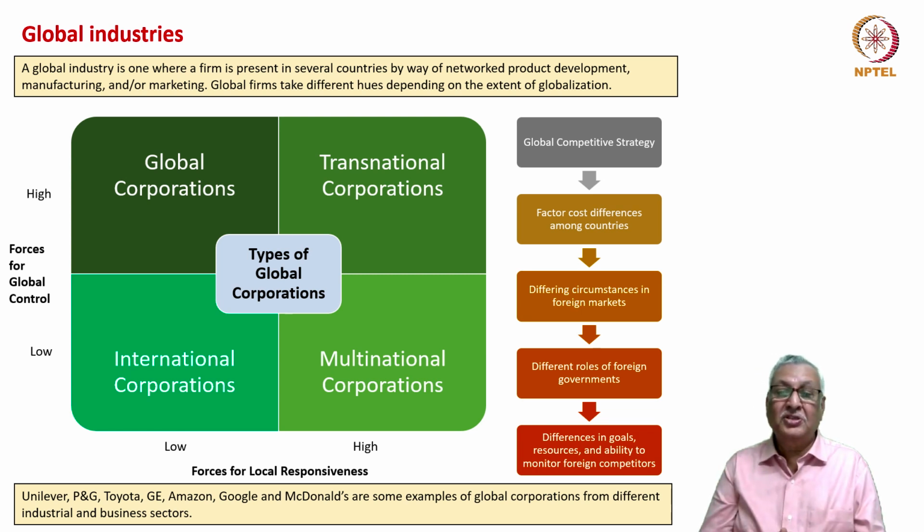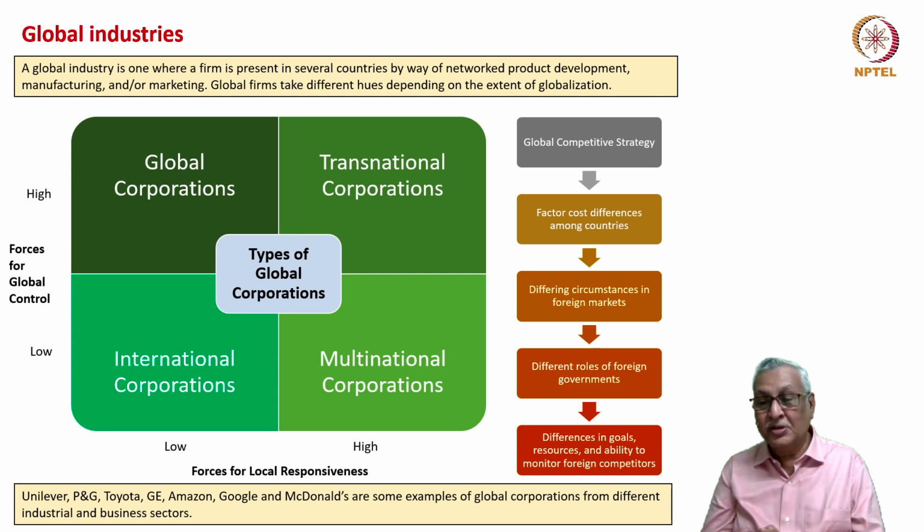Factor cost differences among countries have to be listed, quantified. We have to understand the differing circumstances in each market. We have to understand the different roles that foreign governments play, and differences in goals, resources, and ability to monitor foreign competitors must be understood.